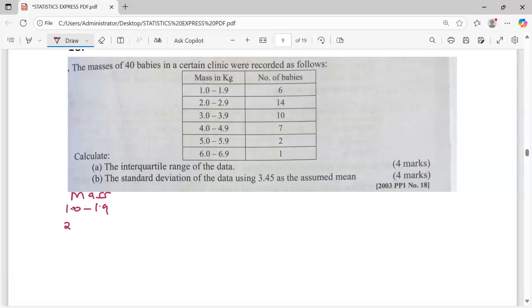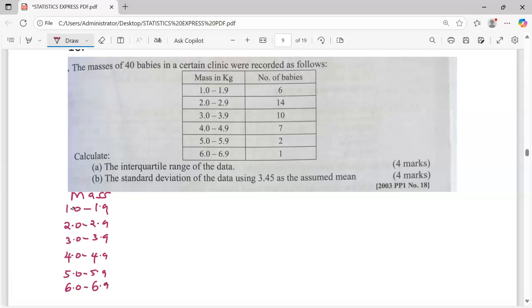We have 2.0 to 2.9. We have 3.0 to 3.9. We have 4.0 to 4.9. We have 5.0 to 5.9. And lastly, we have 6.0 to 6.9.